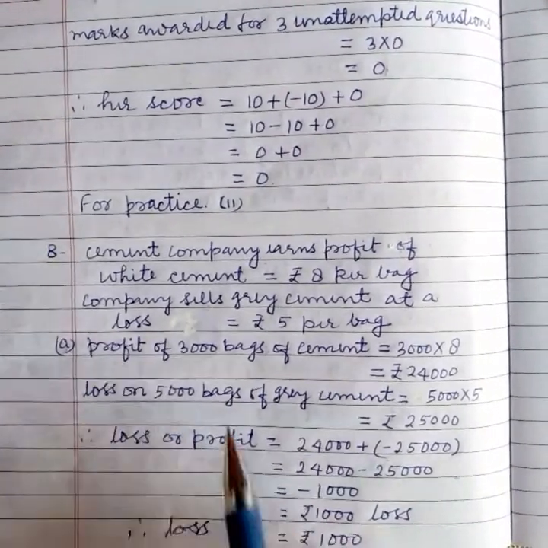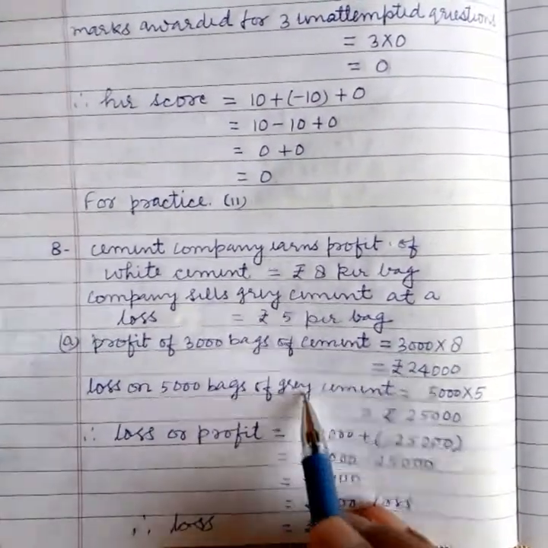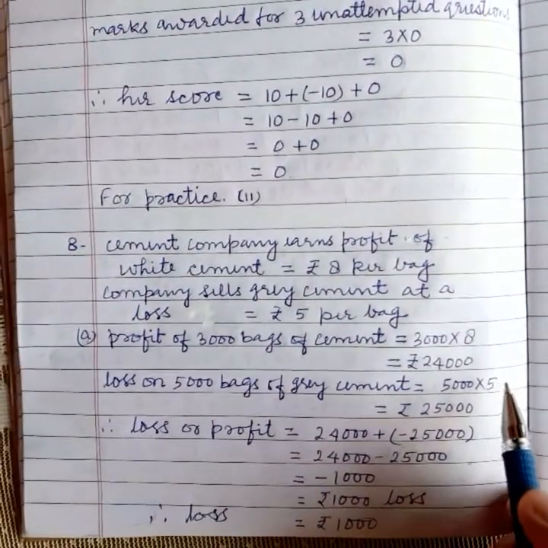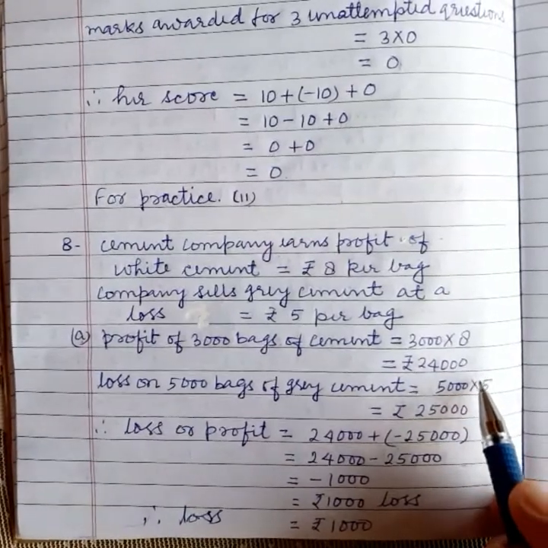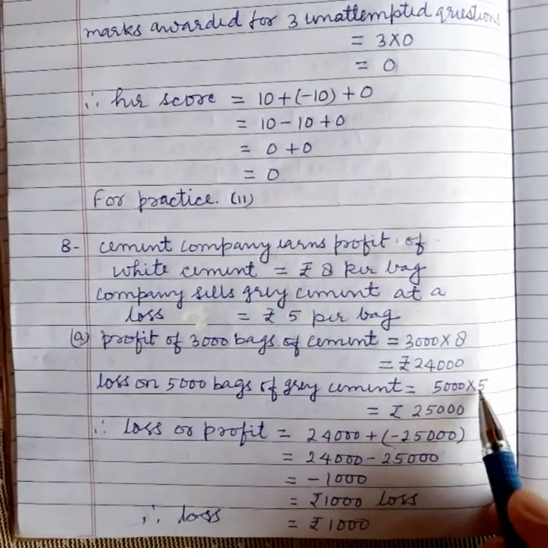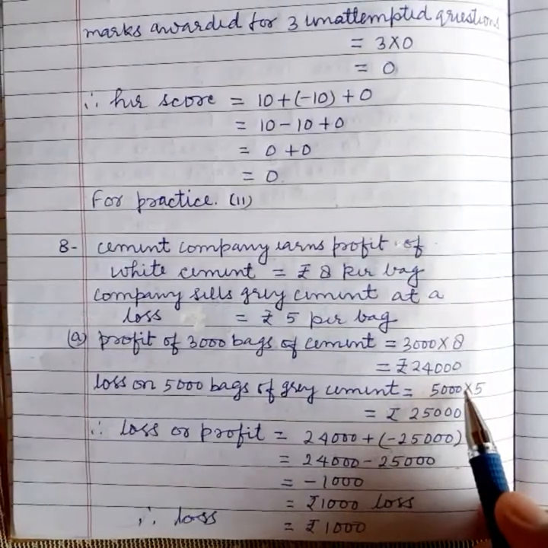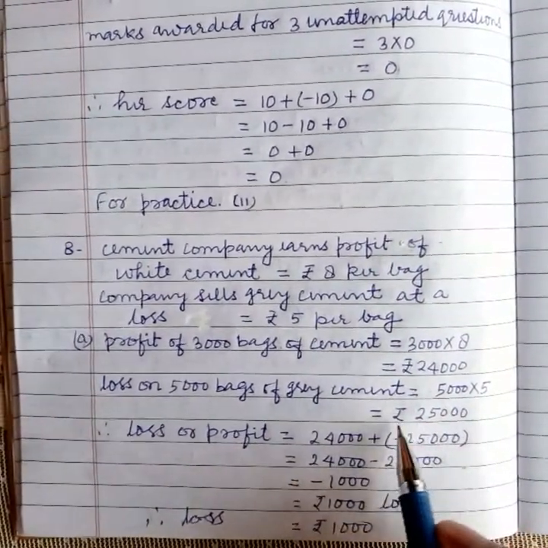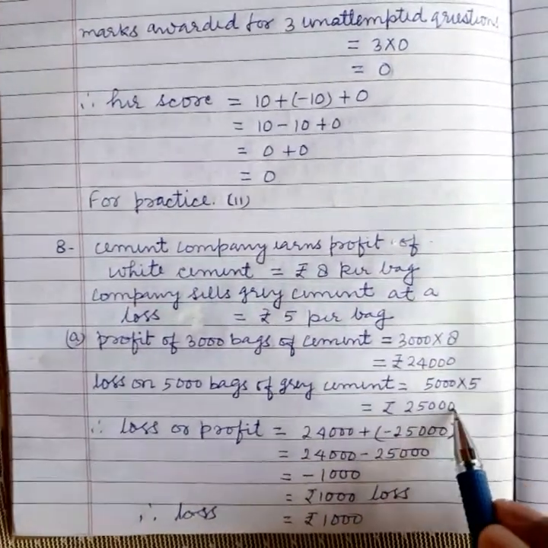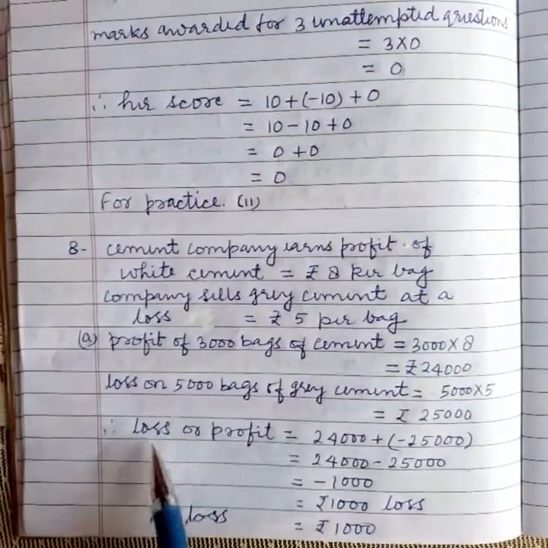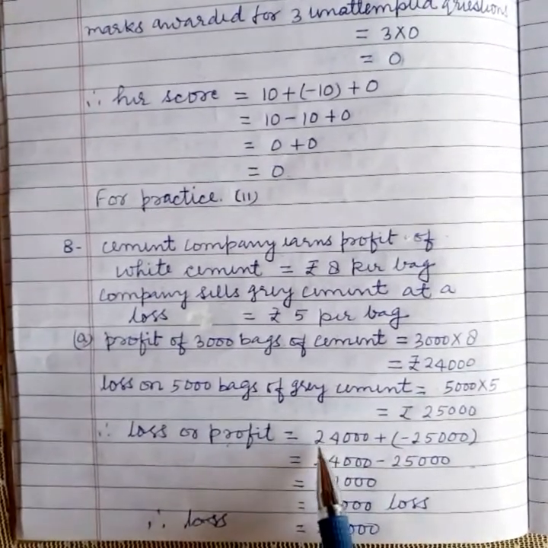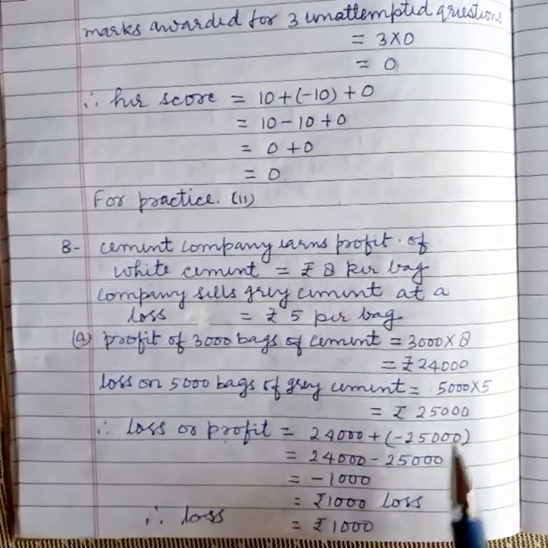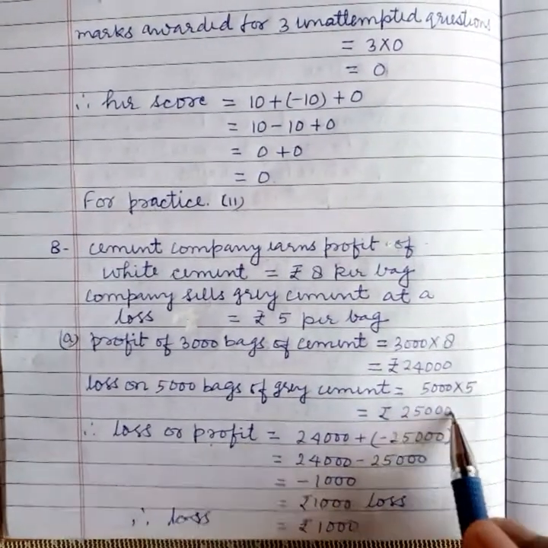Now loss on 5000 bags of grey cement is equal to 5000 into 5, because rupees 5 is the loss per grey cement bag, is equal to rupees 25,000. Therefore, loss or profit is equal to, here profit is 24,000 and loss is 25,000.